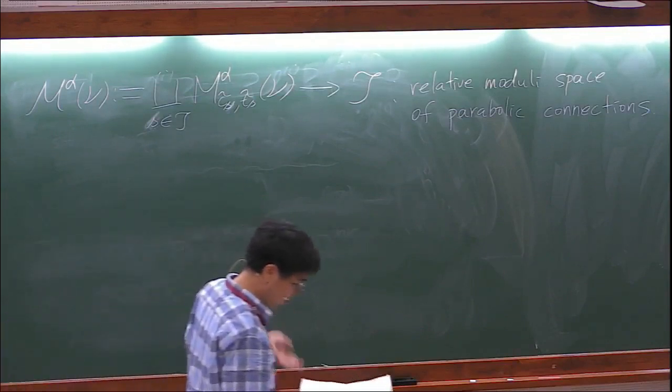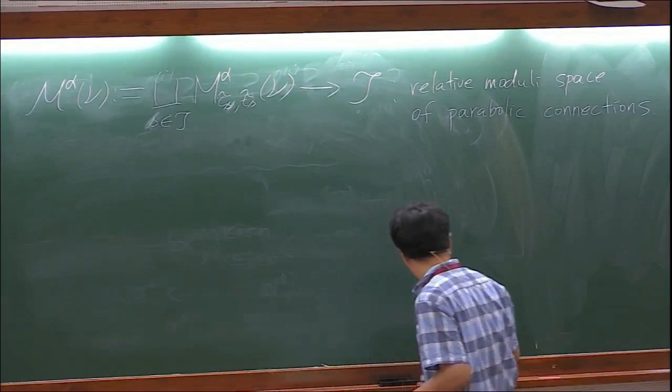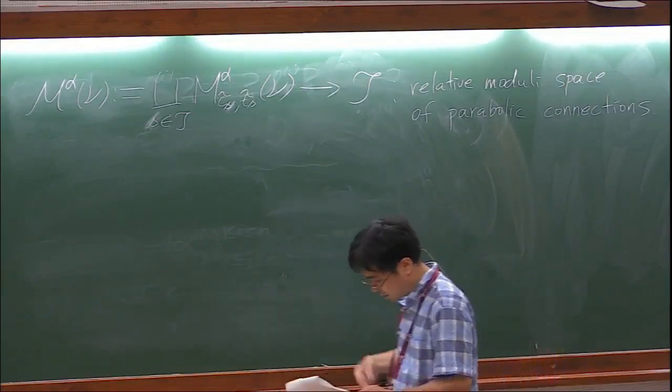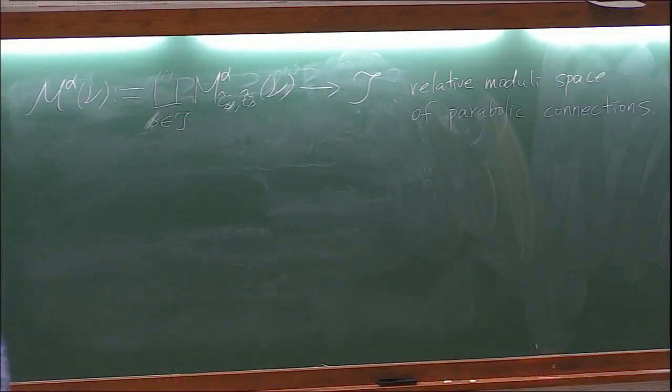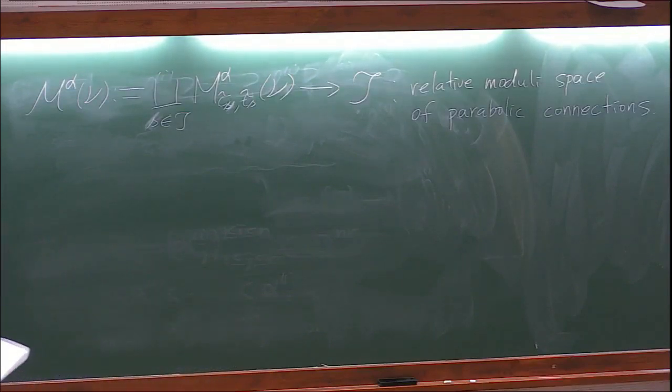For constructing the isomonodromic deformation, it is necessary to consider the Riemann-Hilbert correspondence. So I briefly prepare the moduli space of representations of the fundamental group.